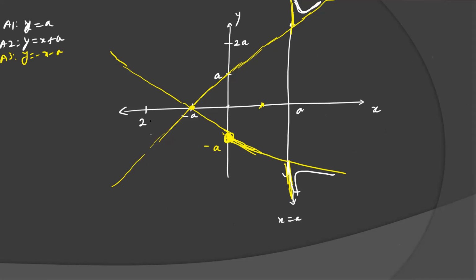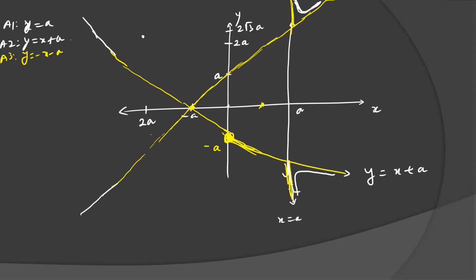Now see here. If you put x equal to 2a, your y was 2 root 3 upon a. Remember, these are the asymptotes. 2 root 3 upon a will be here. If you put x equal to a in the line y equal to x plus a, the asymptote, you will get 2a only.